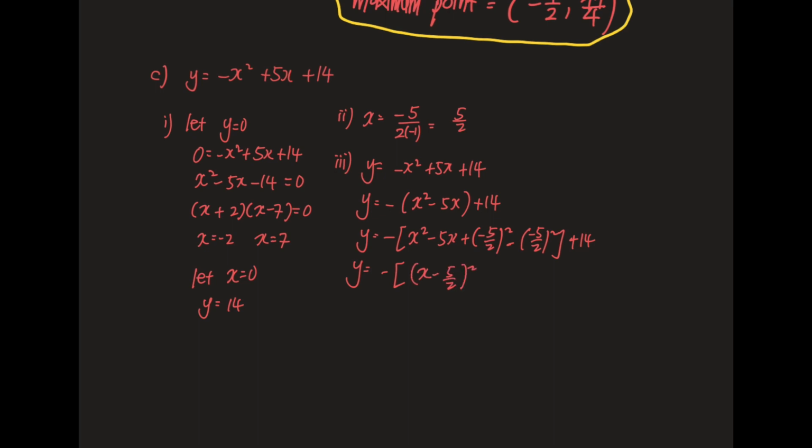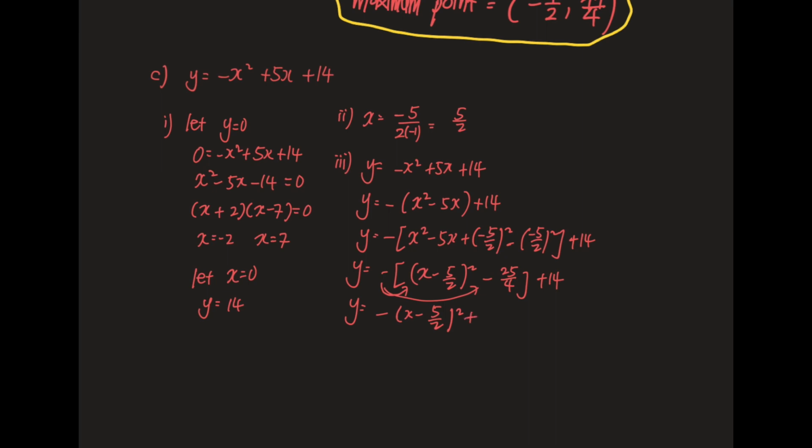Then we can just factorize the first 3 terms to (x minus 5 over 2) squared, then minus 25 over 4. And now the negative is given to both.